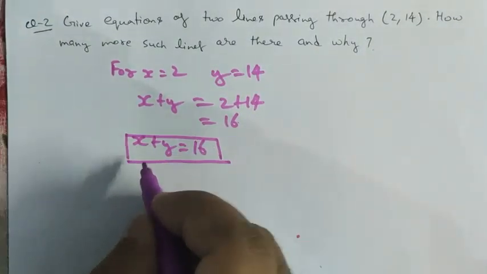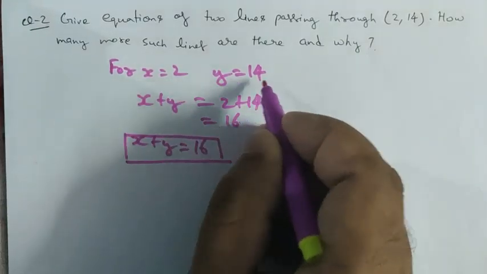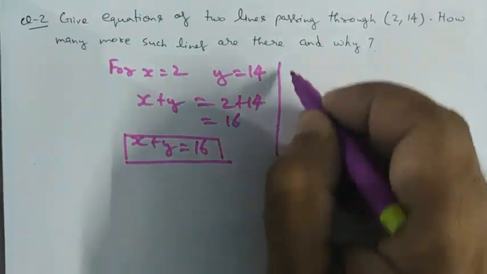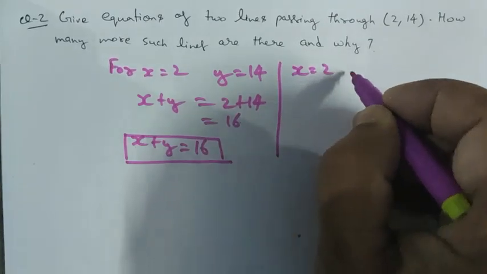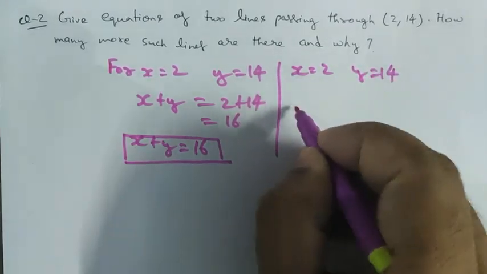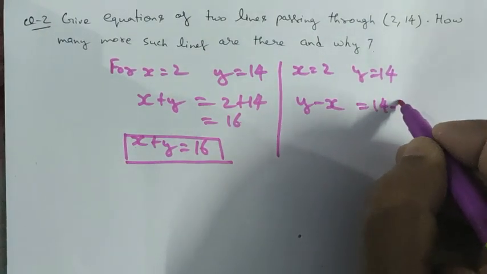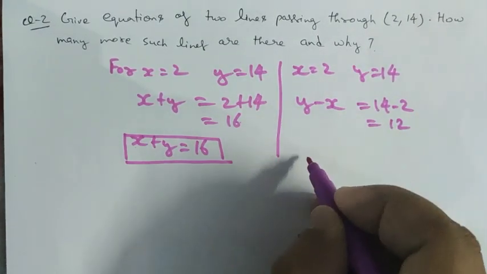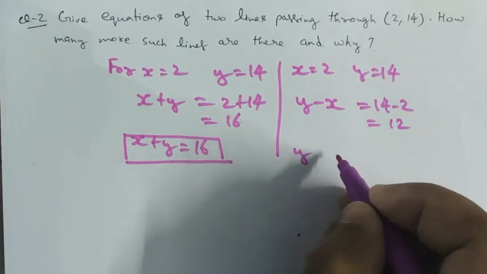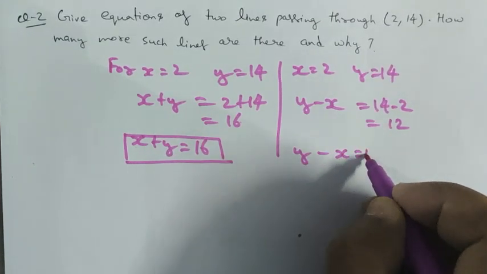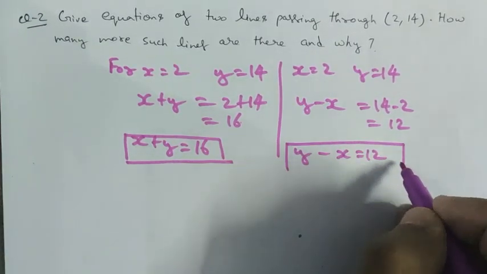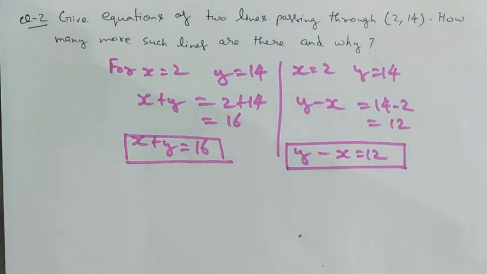Similarly, for x equals 2, y equals 14, what will be y minus x? y minus x will be 14 minus 2, that is equal to 12. So the second equation we can frame as y minus x equals 12. So these are the two equations of lines passing through (2, 14).